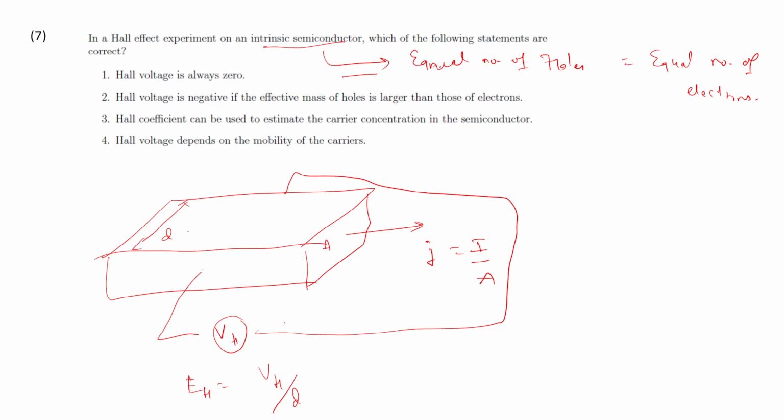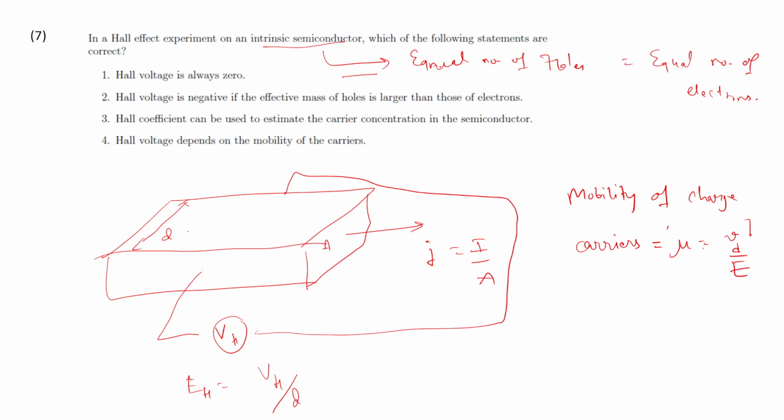But what happens is it also depends on something called the mobility. The mobility of charge carriers, mu, is defined as the drift velocity gained per unit electric field.